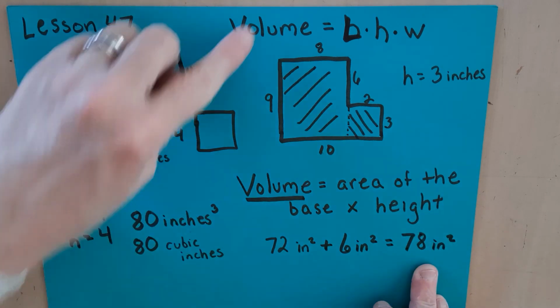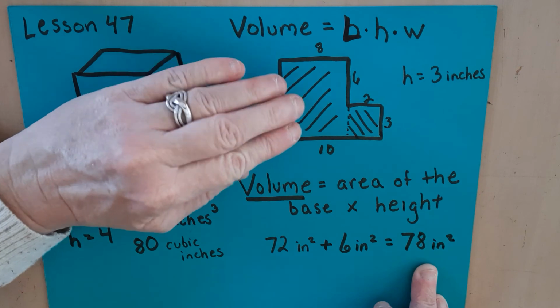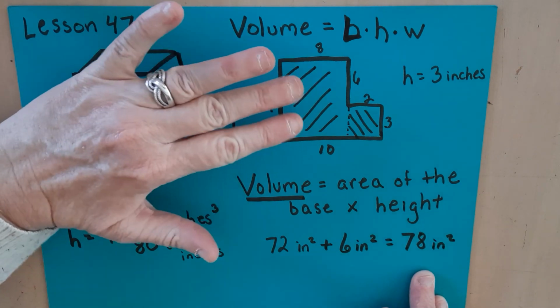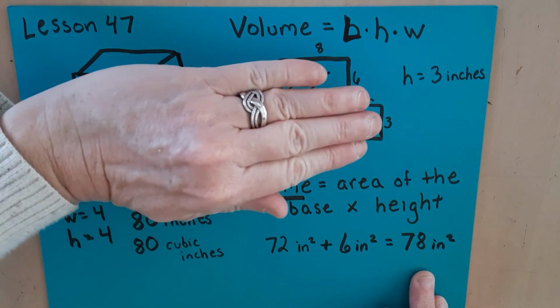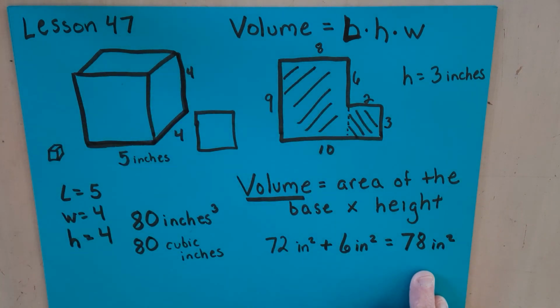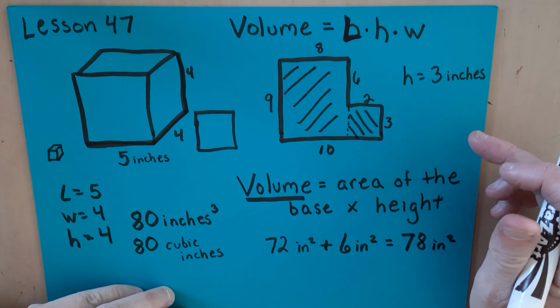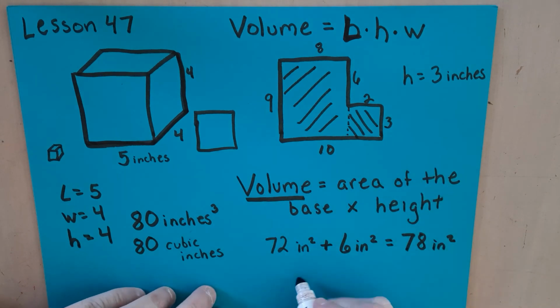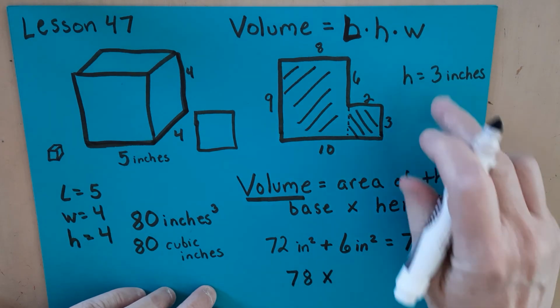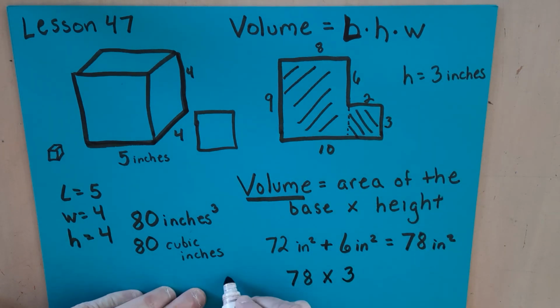But we wanted to know the volume of this. If there were 3 of these shapes, 1 inch tall, stacked up on top of each other, we would want to know the volume of the whole thing. So we would multiply the area of the base, which is 78, times the height, which is 3. 78 times 3 is 234.